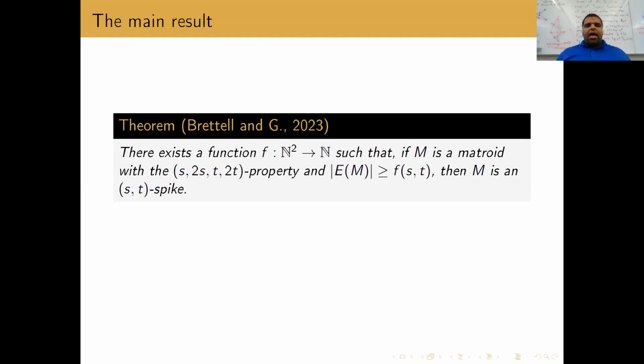So here's our result. There's some function from natural numbers crossed with natural numbers to the natural numbers, such that if a matroid with this S2ST2T property has a larger ground set than that function, then M is an ST spike.